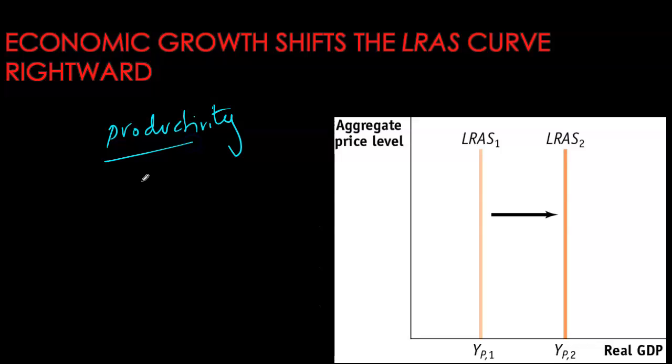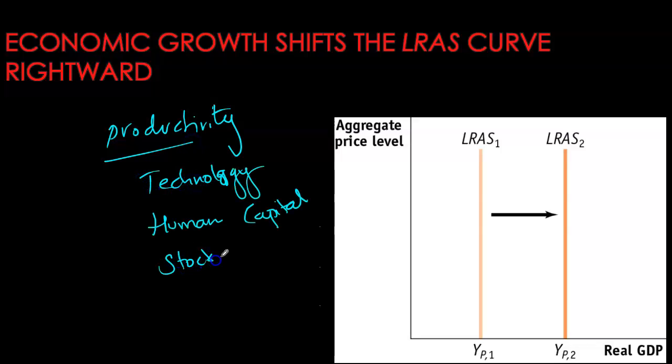Productivity primarily increases because of technology, human capital, and our stock of resources or inputs. So these are some sources of long-term growth. If the economy experiences growth in the long run, its potential will change. In terms of our ADAS diagram, our potential is now at a higher level, so the long run AS curve will shift to the right and will be vertical at this new higher level of potential GDP for this economy.